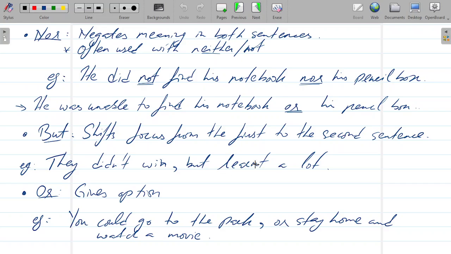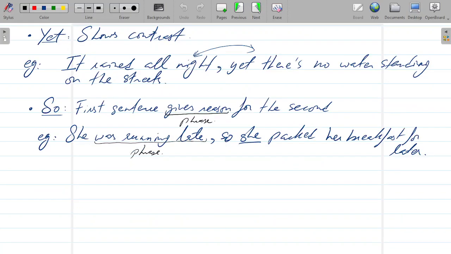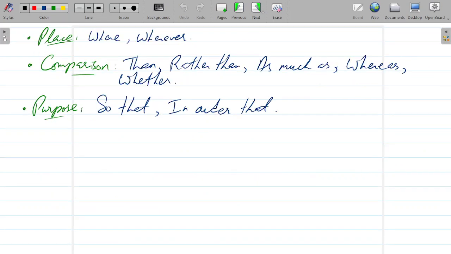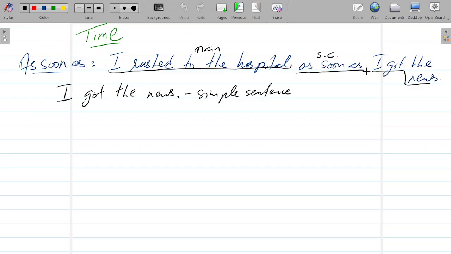If I took the sentence "They learned a lot," I can treat both of these sentences separately, and I can remove the conjunction and treat these two simple sentences separately. Or take "She was running late, so she packed her breakfast for later." I can remove the "so" from here, and it works. And the thing about subordinating conjunctions is it becomes part of the sentence.